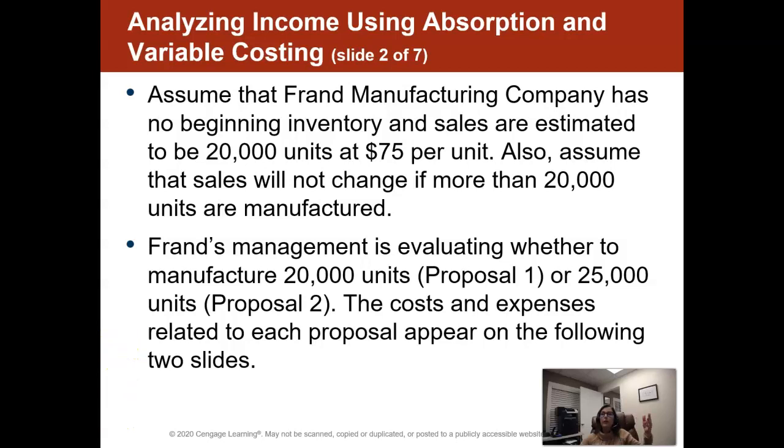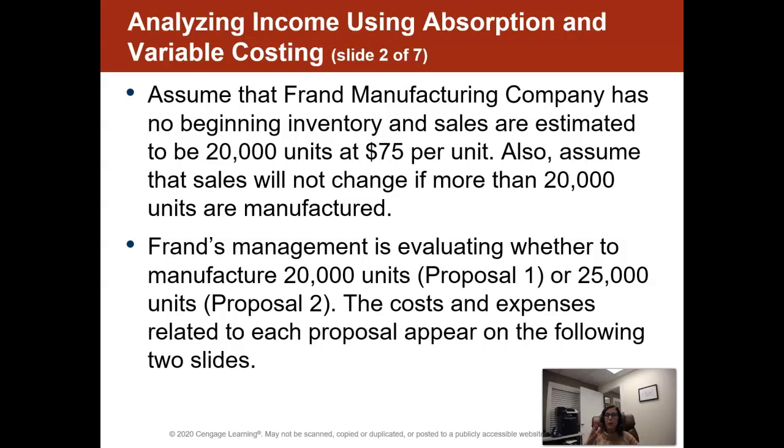Now we're going to take a look at this using the Frand Manufacturing Company. We're just going to assume, for the sake of argument, they've got no beginning inventory. Their sales are estimated to be 20,000 units at $75 a unit, and the sales won't change if more than 20,000 units are manufactured.